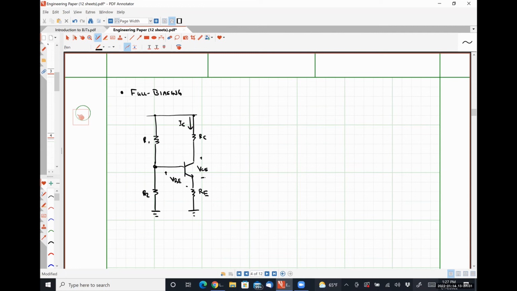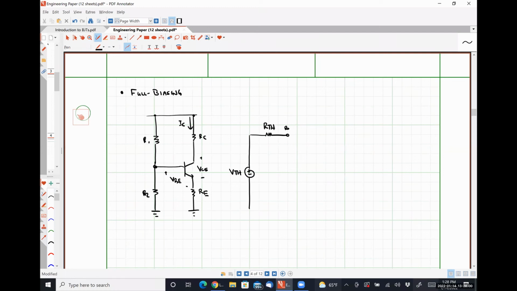So our large signal model should look something like this. Here's Vthevenin. Here's Rthevenin. So this is taking the place of VCC, R1 and R2 for the left-hand side of the circuit.